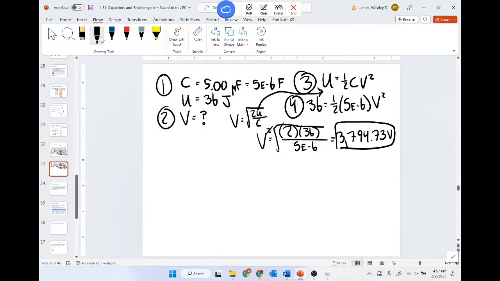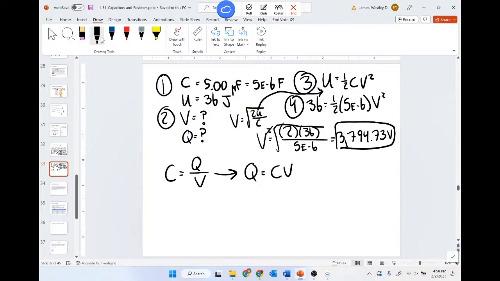But what's the equation for stored charge? C equals Q over V. When we talk about capacitors and you hear the word charge, just jump to that equation. So we could have chucked that in equation 3, but now we know we need it because, let's go ahead and put that, we need Q as well. So C equals Q over V. We have C, we have V. Let me go ahead and solve for Q. So Q equals CV.